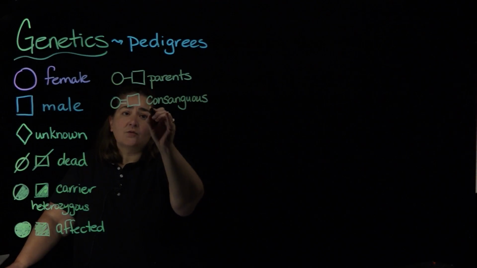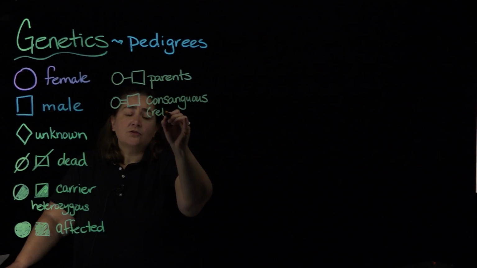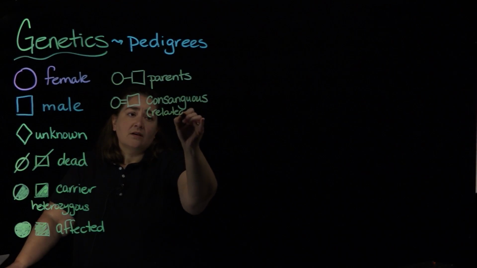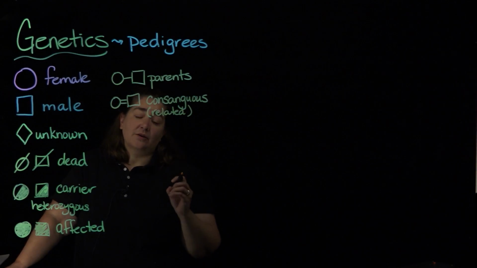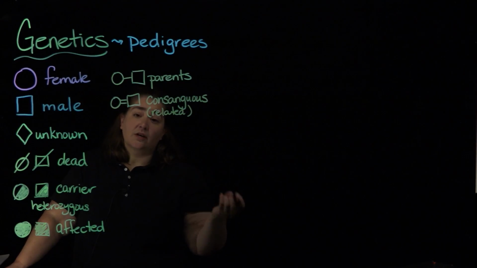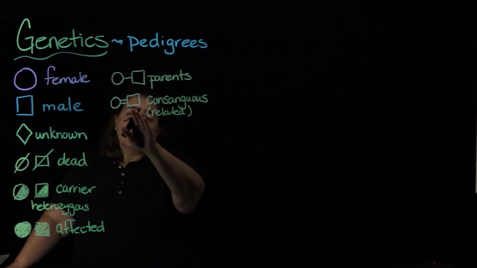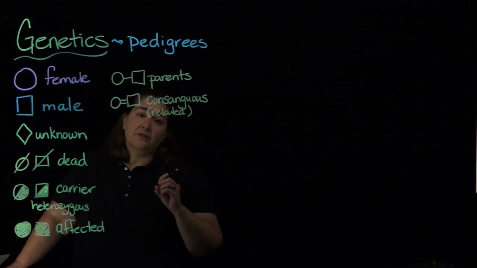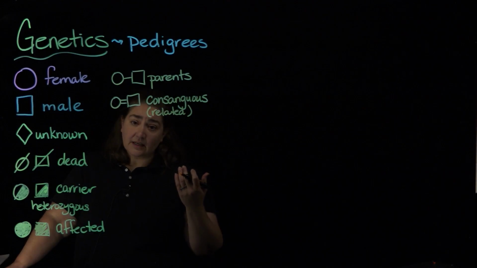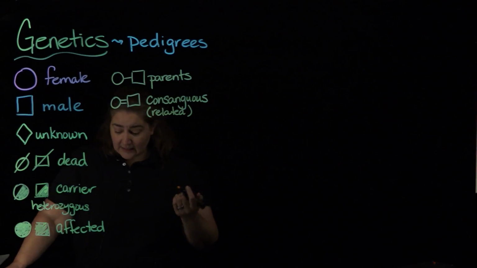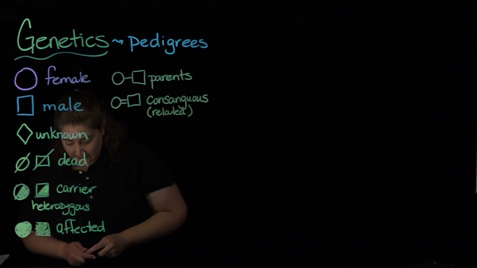A consanguineous mating means that those two individuals are related somehow, whether it be brother, sister, cousins, hopefully not parent and offspring. But if you see the two lines together, that would represent a consanguineous mating, and that's going to indicate somebody who is related.